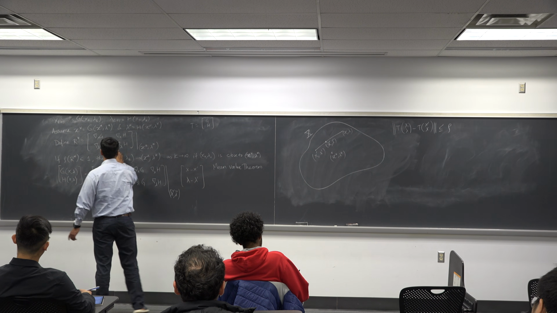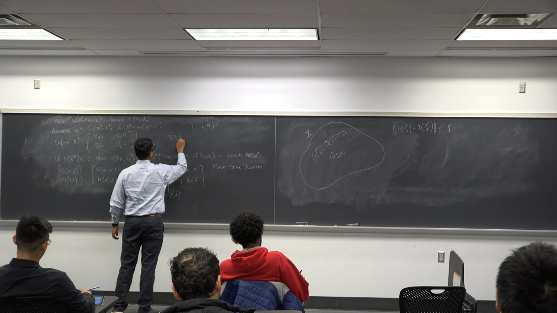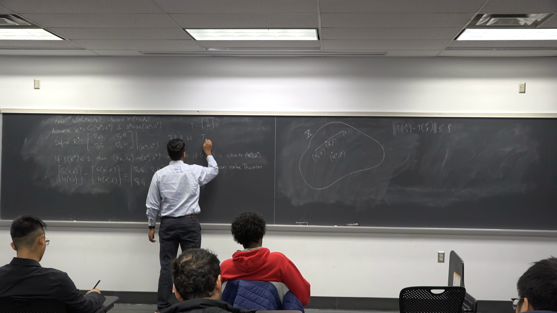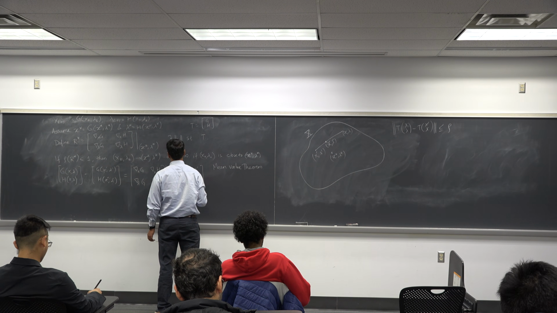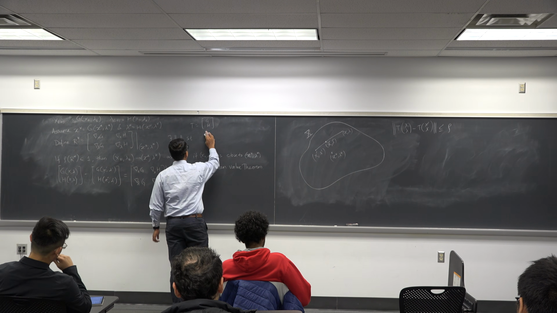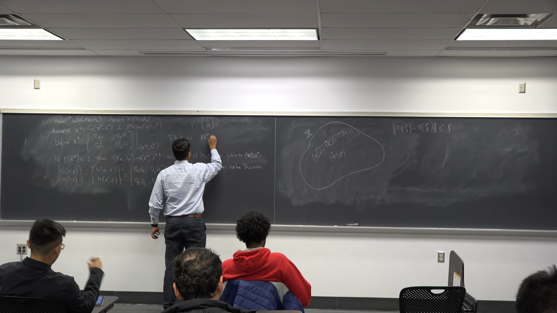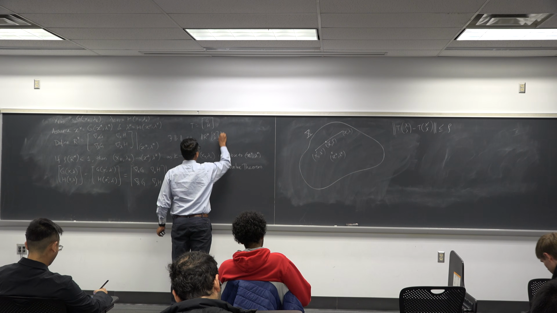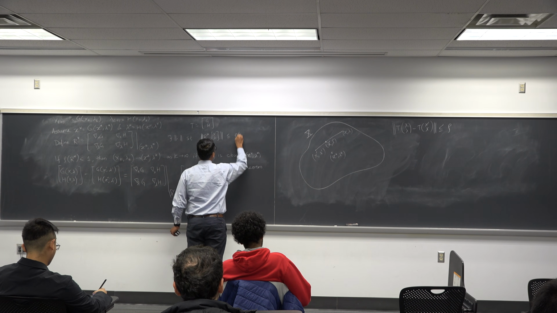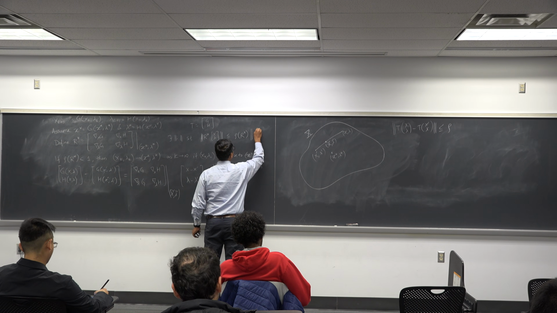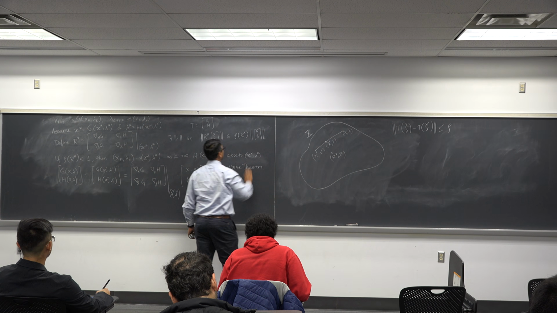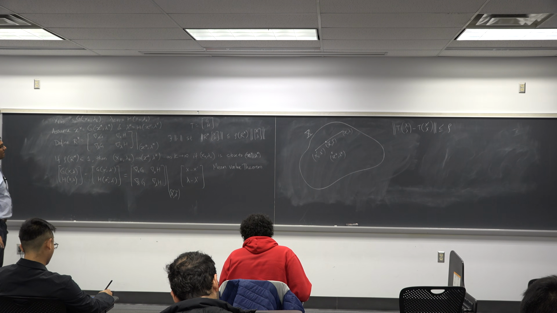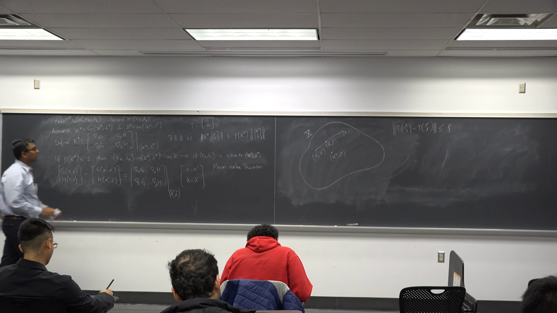So given R star, given this particular matrix, there exists a norm such that the norm of R star times (x, lambda) is less than or equal to rho of R star times the norm of (x, lambda). Okay, so this is a result.